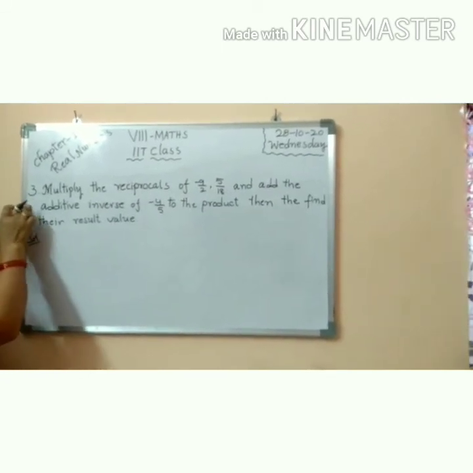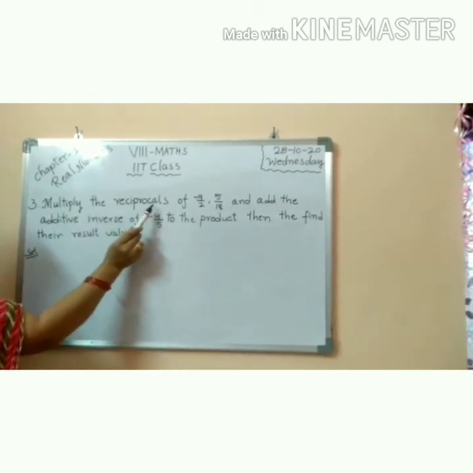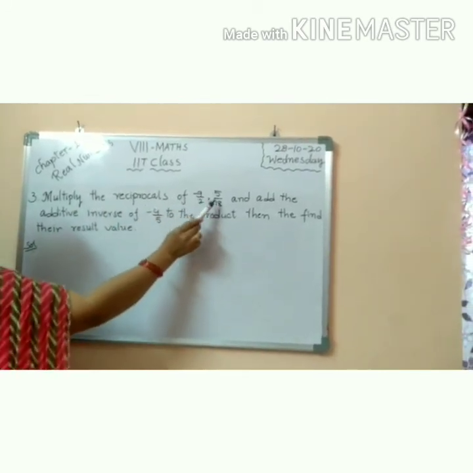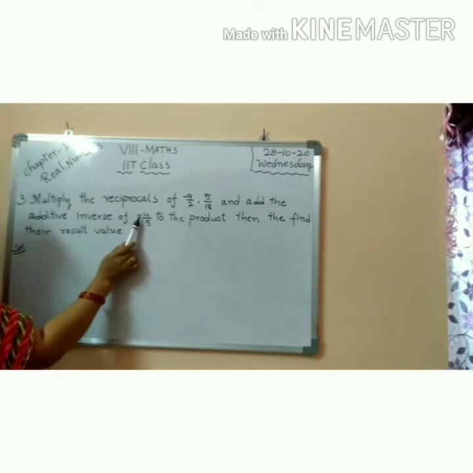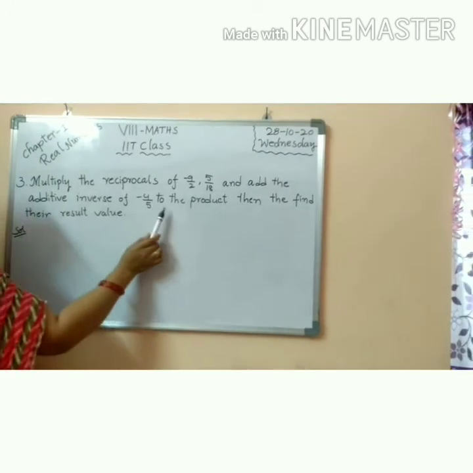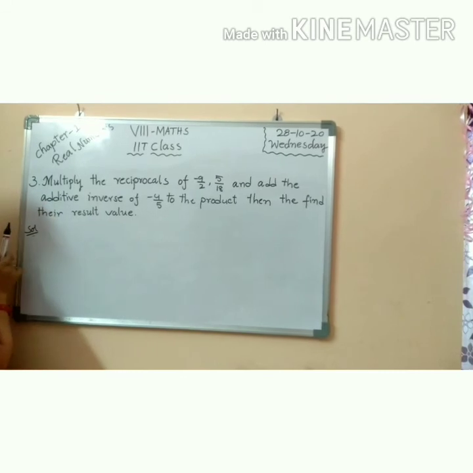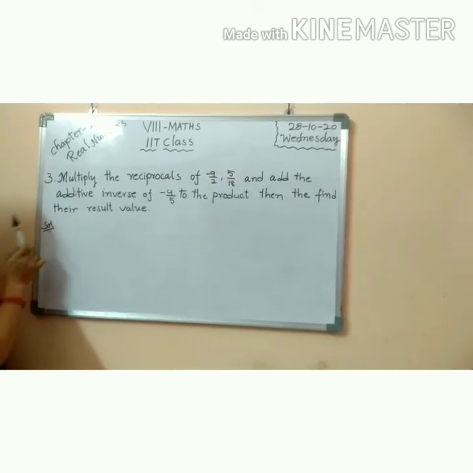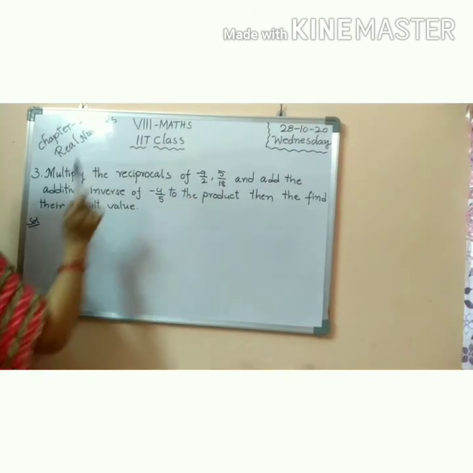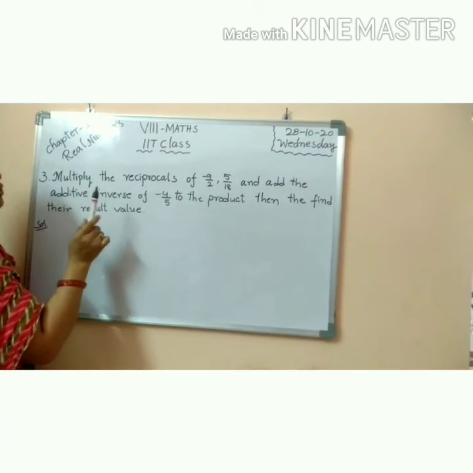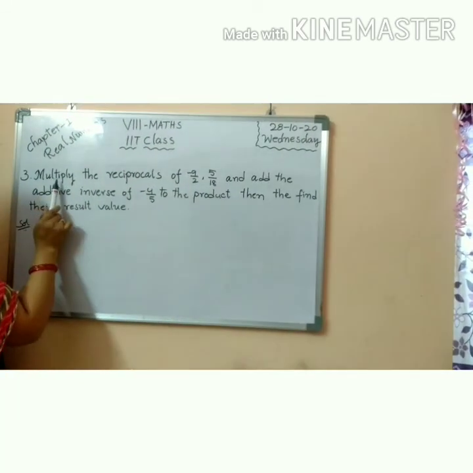Next, third problem. Multiply the reciprocals of 9 by 2 and 5 by 18 and add the additive inverse of minus 4 by 5 to the product, then find the result value. First observe the question. Multiply the reciprocals of 9 by 2 and 5 by 18. First we will find the reciprocals of the two rational numbers and then multiply.